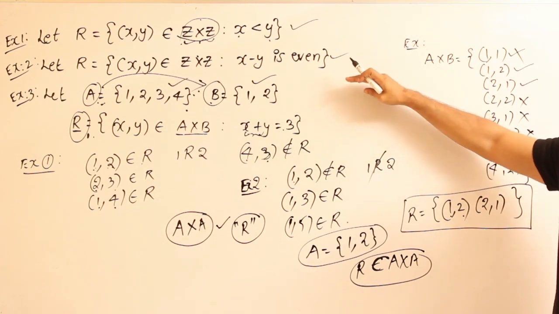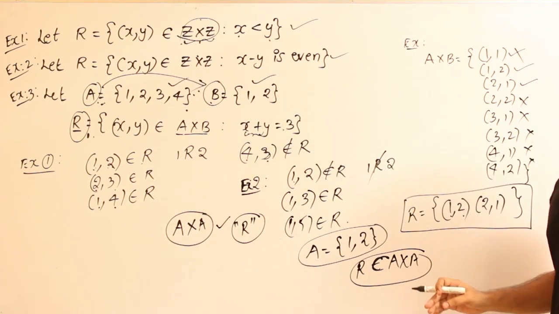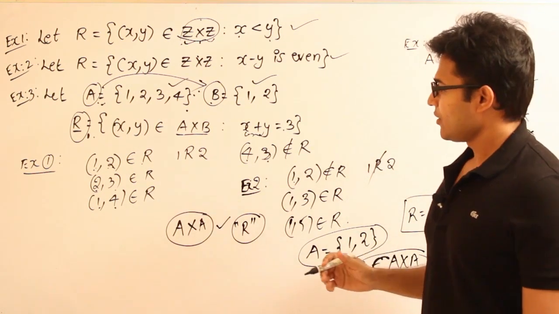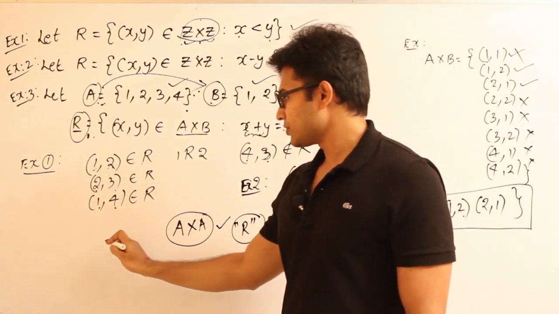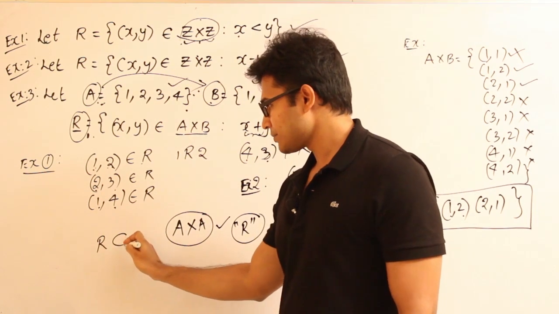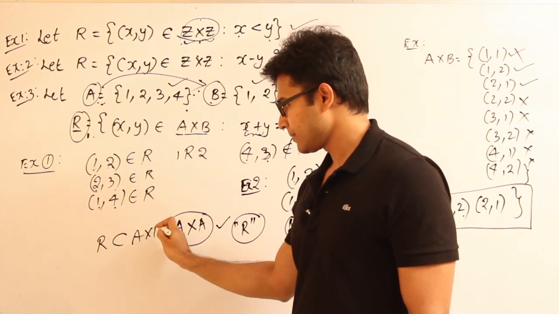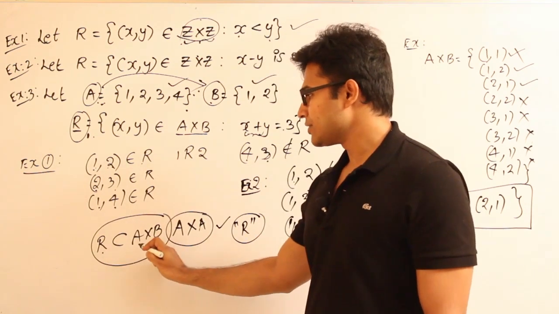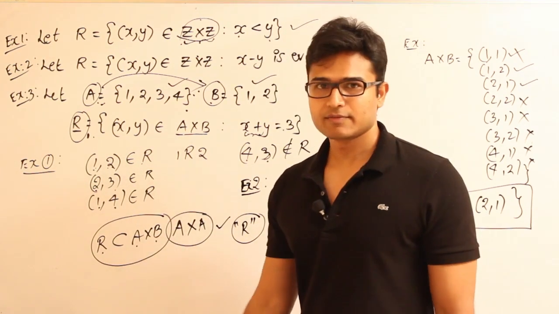Okay, anyway, once you understood how we represent this and how to find out whether an element belongs to a relation or not, now let's try to find out what are the types of relations. That is an interesting question. So one thing is for sure, a relation is nothing but a subset of Cartesian product, right? And in this case, R is said to be a relation from A into B, right?